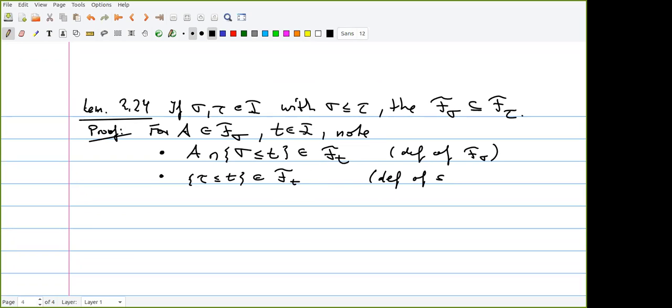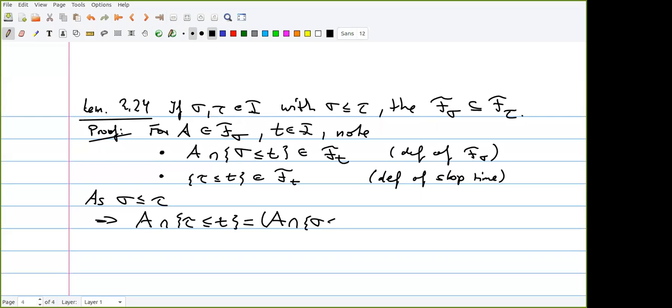Of stopping time, right? And now we know as well that sigma is less or equal than tau. So this means if we want to check or decide whether the intersection of A with the event tau being less or equal than t is in F_t, we can rewrite this as A intersected with the event sigma being less than t, right?